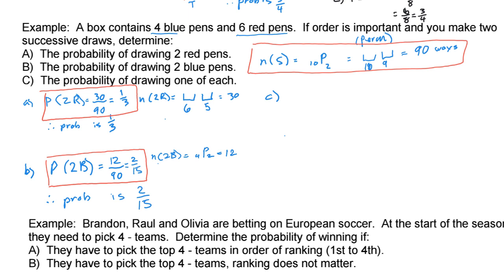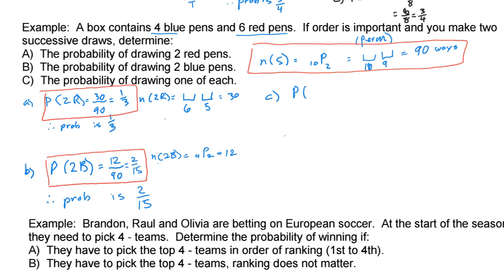For part C, it's asking what the probability of drawing one of each. The probability of drawing one of each. Okay, so we can do this using the placeholder method or permutation.